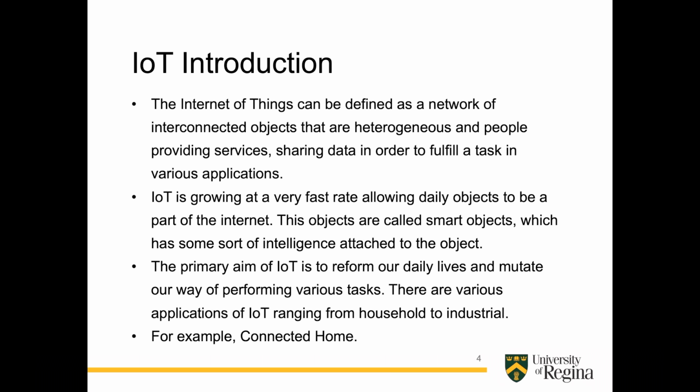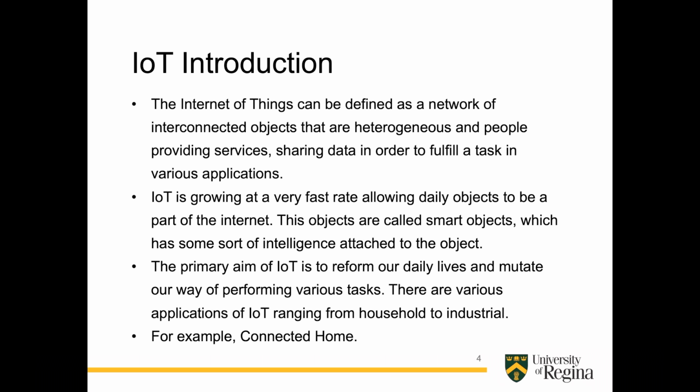IoT is growing at a very fast rate, allowing daily objects to be a part of the internet. These objects are called smart objects, which have some sort of intelligence attached to them. The primary aim of IoT is to reform our daily lives and change our way of performing various tasks.